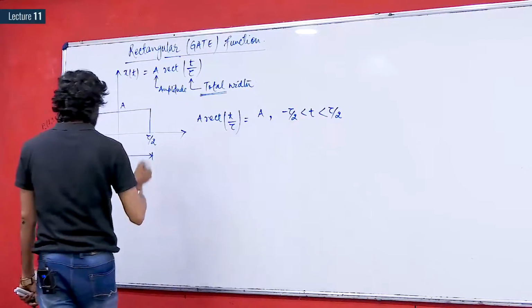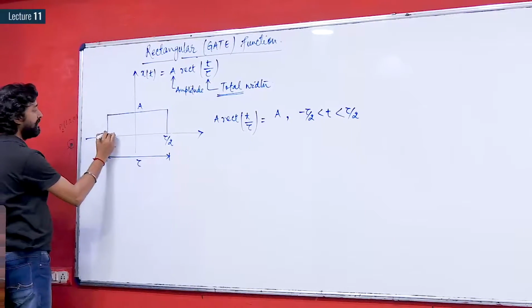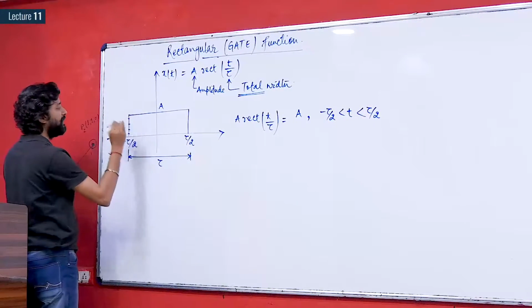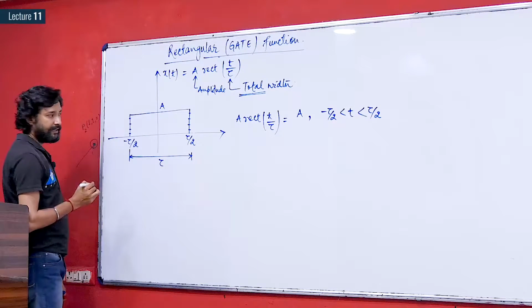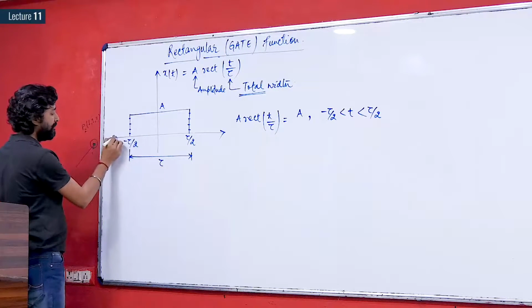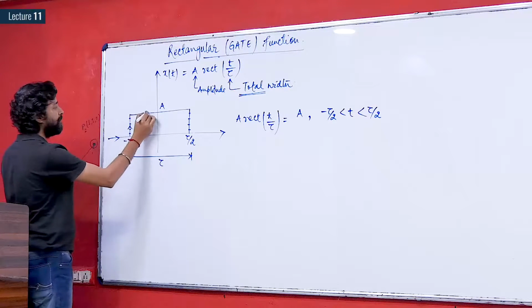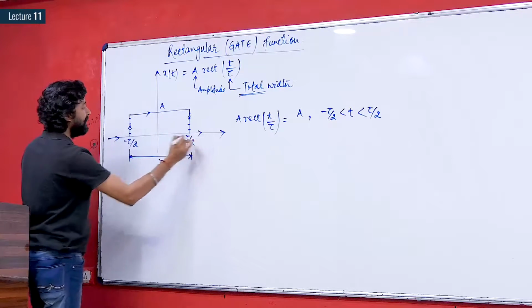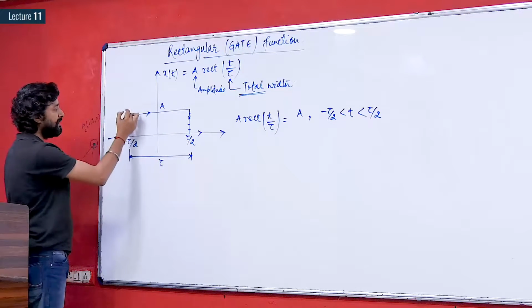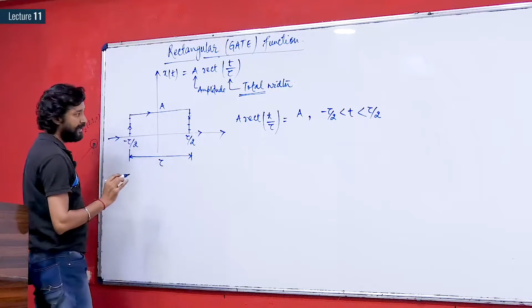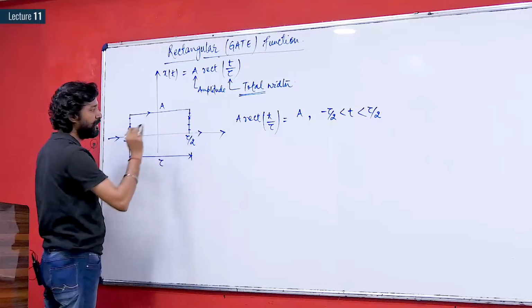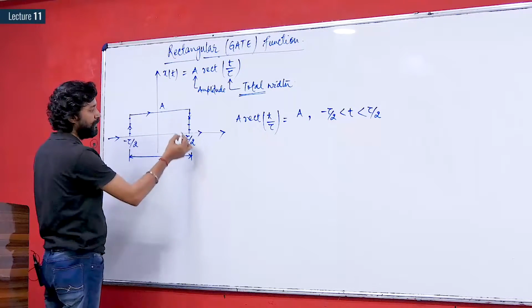Here we have two discontinuities, at t equals minus tau by 2 and at t equals plus tau by 2. The function has 0 value, then suddenly increases its value to a, stays constant at a, then again suddenly changes its value from a to 0.